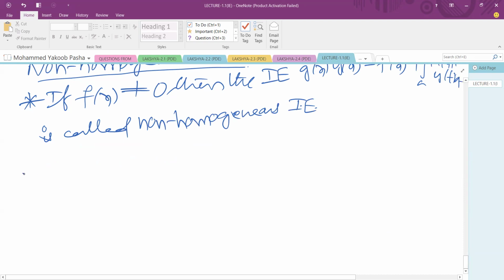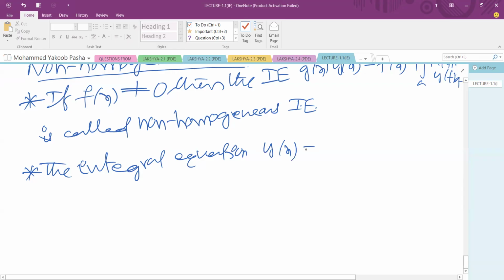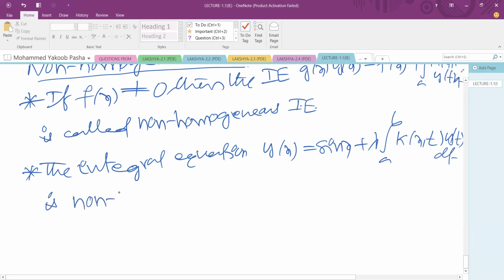That means the integral equation, say I am taking y of x is equal to some sin x, you may take a cos x, e power x, whatever the value, plus lambda into integral a to b k of x comma t y of t dt. This is an example of a non-homogeneous integral equation.